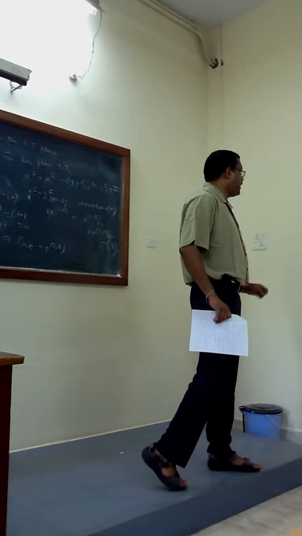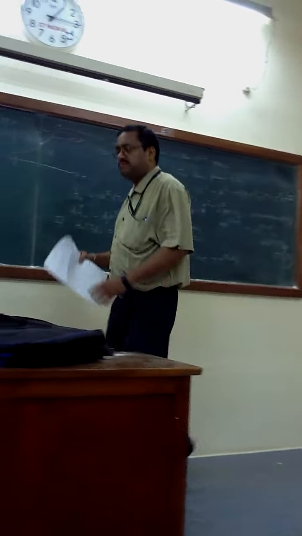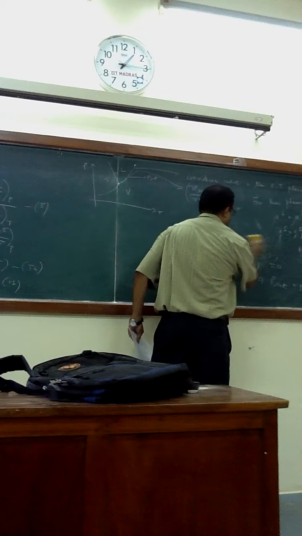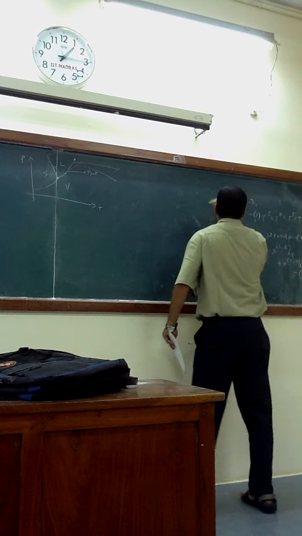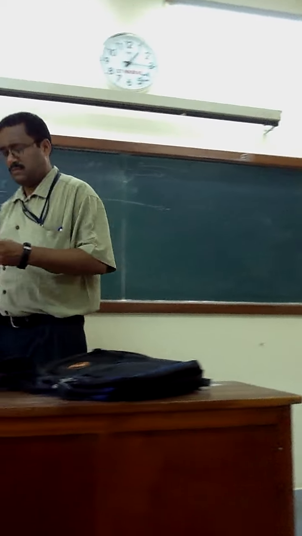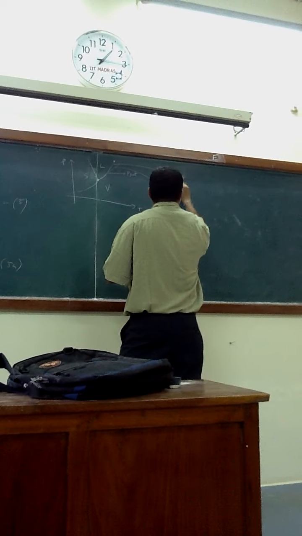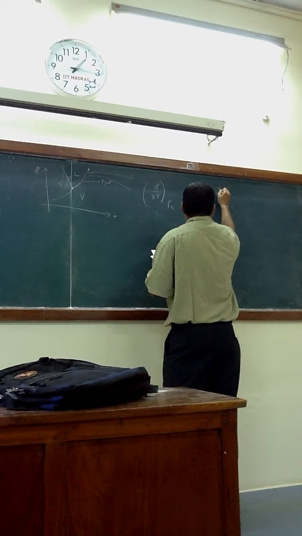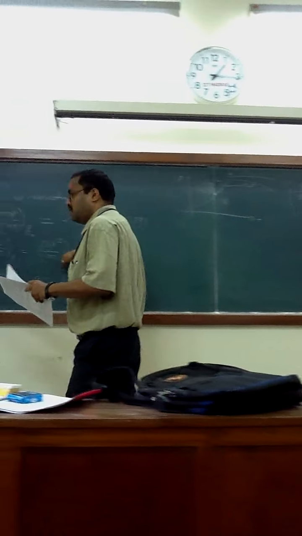Now combine equation 5a and 5b. What will you get? You get dou P dou T at Fn equals S1 minus S2 by V1 minus V2. Why? Because of the negative sign, things will be similar.